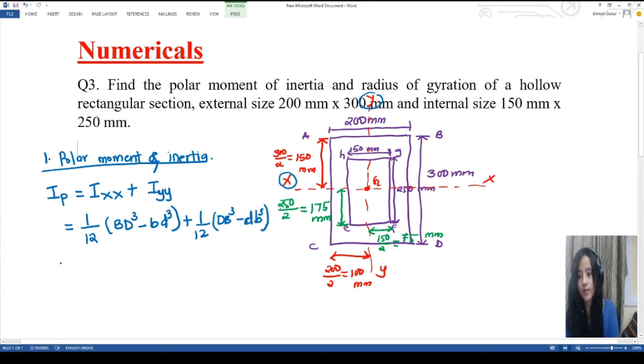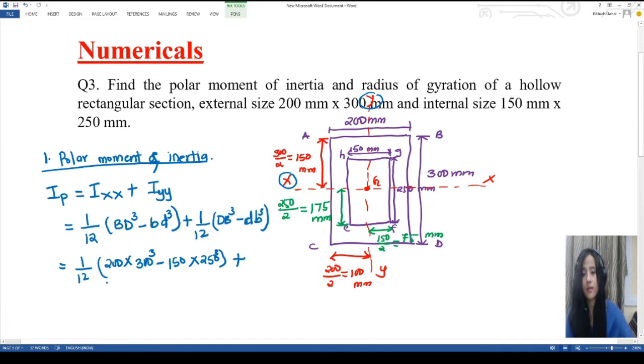Now let us further solve it. 1 by 12. How much is my B? B is 200 into D is 300 cube minus small b for the inner rectangle, 150 into D is 250 cube, right?